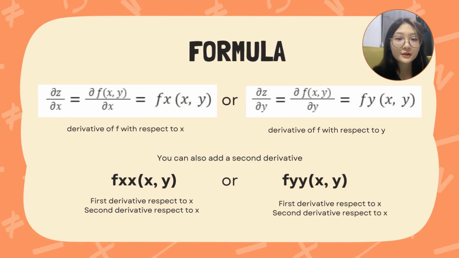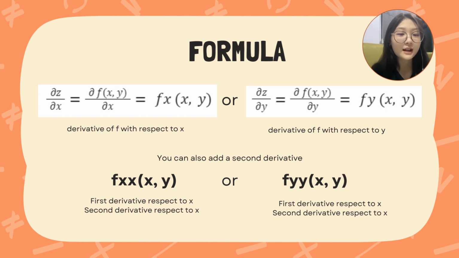Okay, so let's move on to the formulas now. Here you can see the two formulas on both pictures, on the right and the left. On the left, which is fx(x,y), it's the derivative of f with respect to x, and on the right side, which is fy(x,y), is the derivative of f with respect to y.